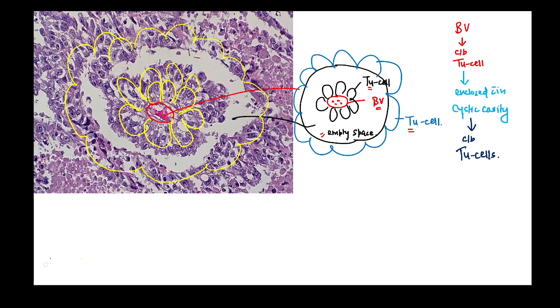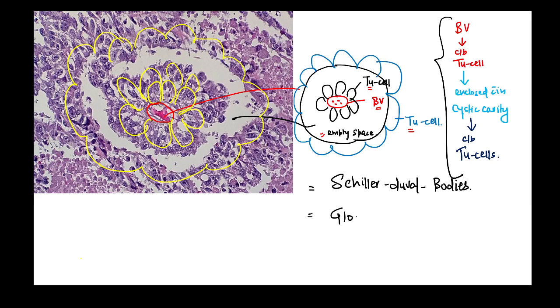This is known as Schiller-Duval bodies. So this entire thing which I have drawn here is known as Schiller-Duval bodies, right? These are the Schiller-Duval bodies because it looks like a glomerulus, so that is why it is also called glomeruloid bodies.